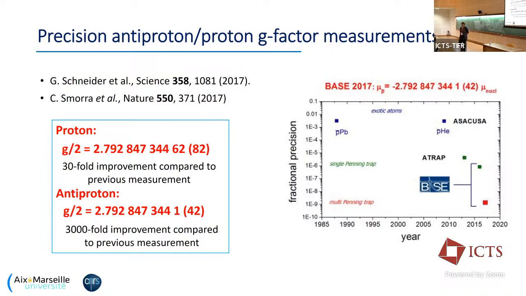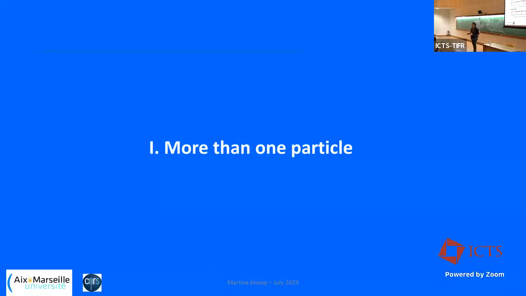They say they can still make improvements on these measurements, and they are looking forward to better experiments to really measure the g-factor, which is a really fundamental issue in atomic physics.